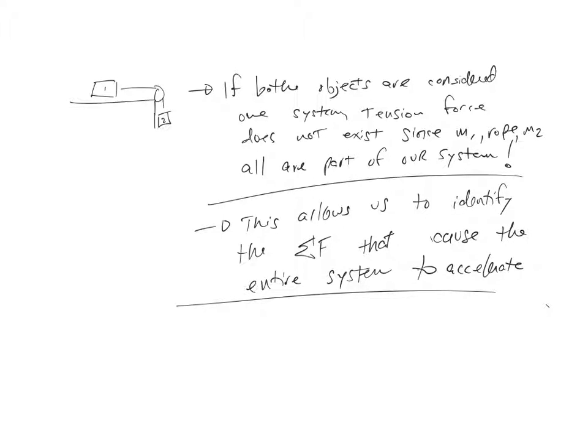So the only force acting on this system that doesn't add to another vector to be 0 is going to be W2. So W2 is the total force acting, okay? Because that's the only force that doesn't add with another force external to our system to be 0.